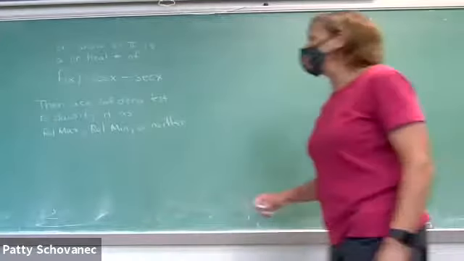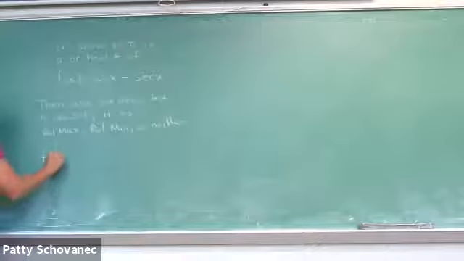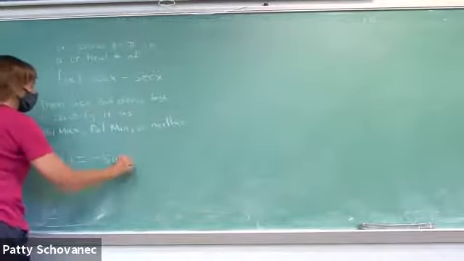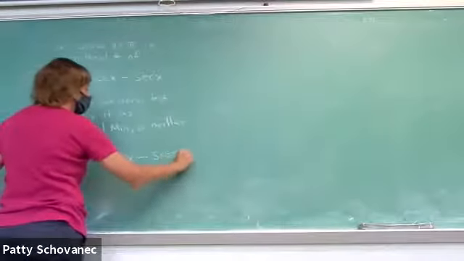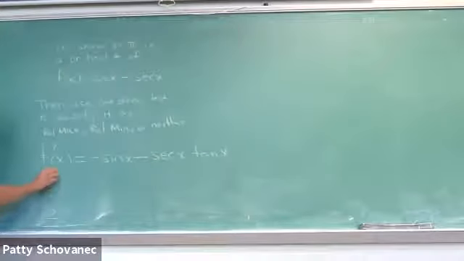Do you remember how to take the derivative of secant? Secant tangent. The derivative of cosine is minus the sine. We're plugging pi in for x.